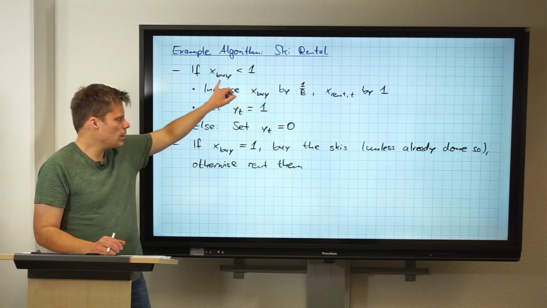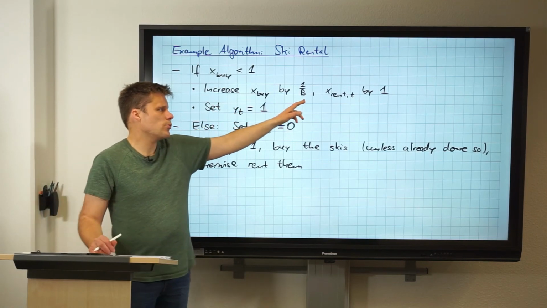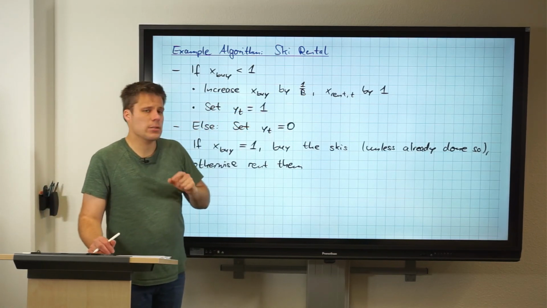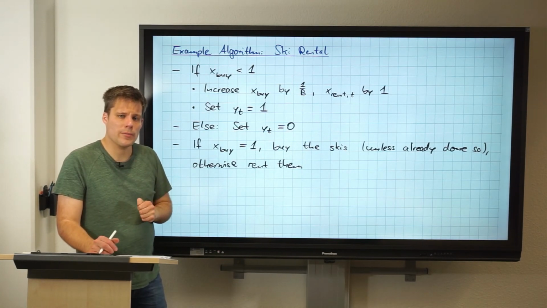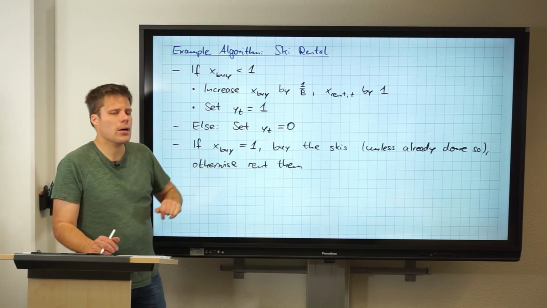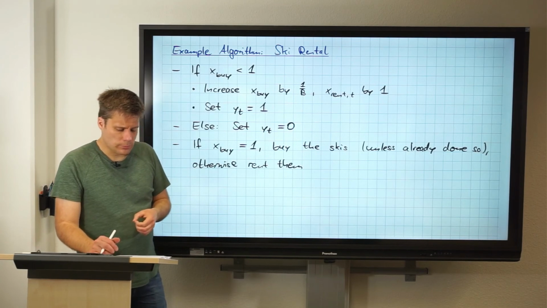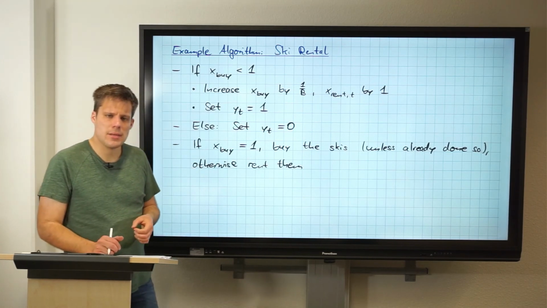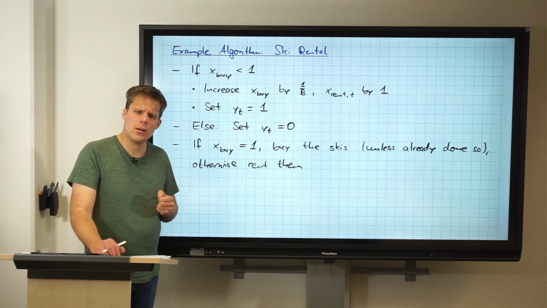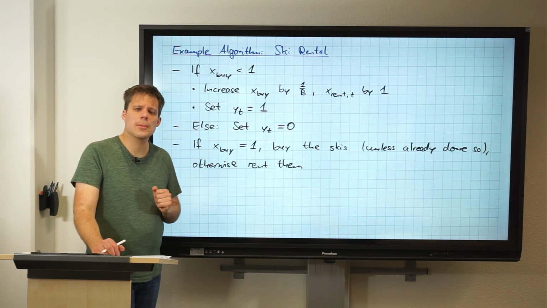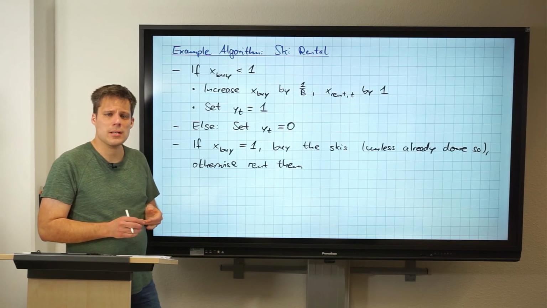But then, on day b, we suddenly reach 1 by adding 1 over b once more, and then we are buying the skis. And what we'll show is that this is actually a two-competitive algorithm, which is actually no surprise, because this is what we also showed when we were talking about the ski rental problem.